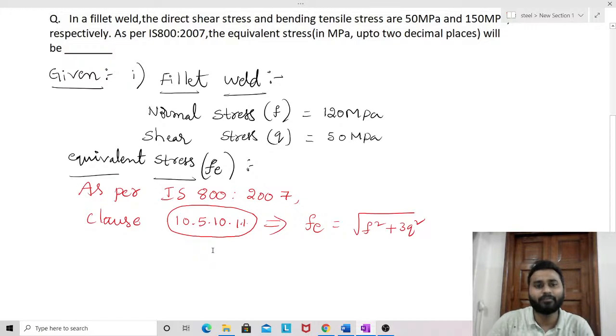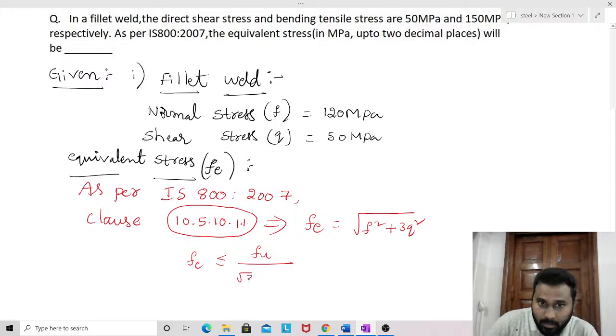Clear? If we have knowledge of this clause, then we can answer this question within one line. Hence, this question is for 1 mark. One more condition is also mentioned in this clause: the equivalent stress Fe should be less than or equal to the design stress, that is fu by root 3 into gamma mw.